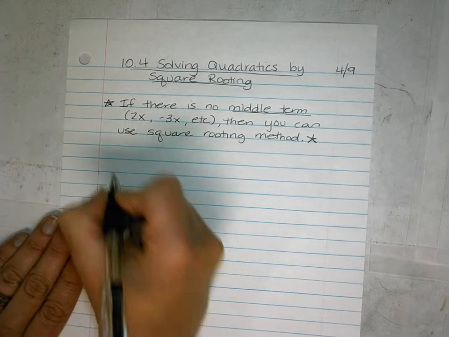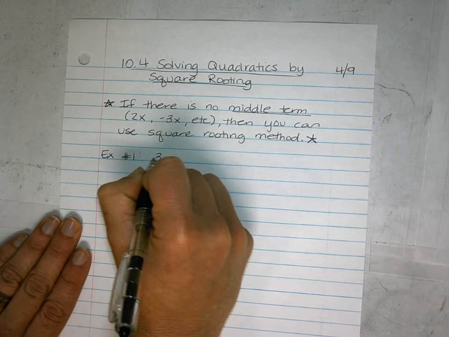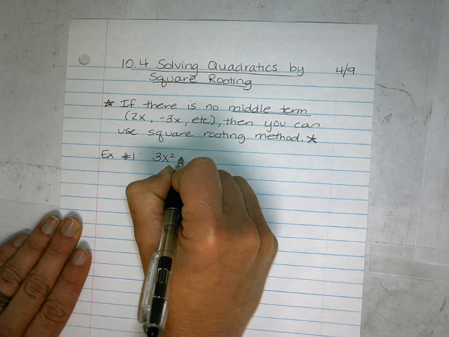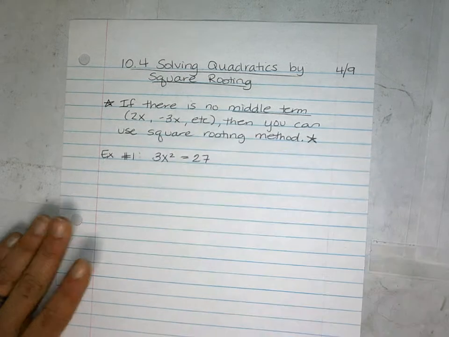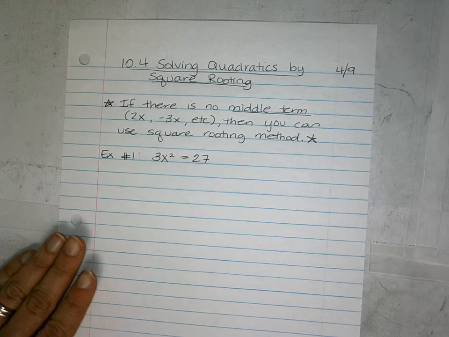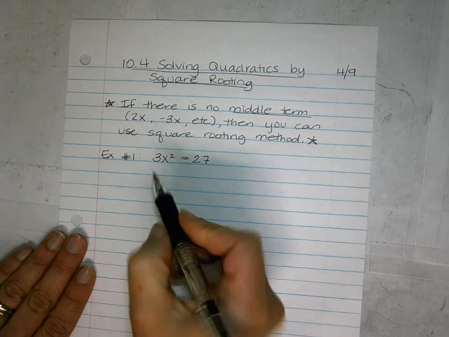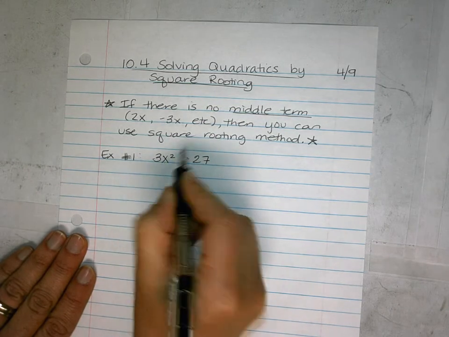Okay, so I just have a series of examples to show you. Example number 1, where you're given 3x squared equals 27. Now this is a quadratic because x is squared, and instead of trying to factor this, which you could, one way is to just isolate your x squared.